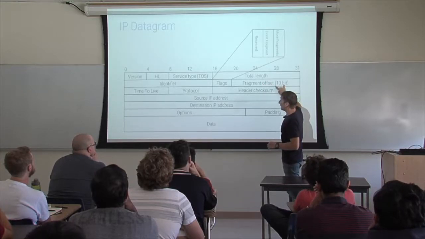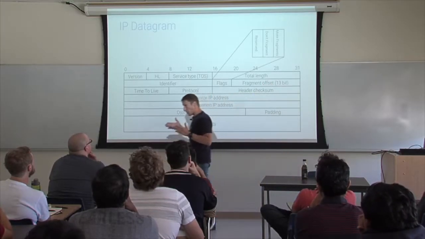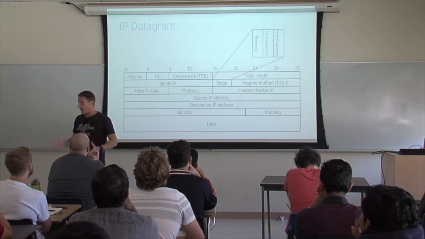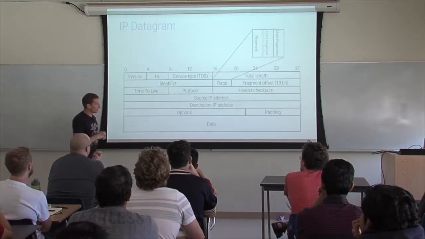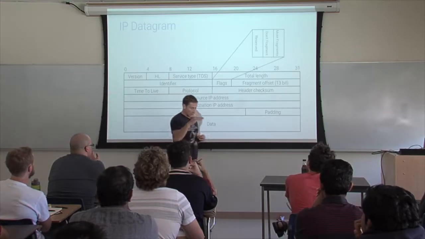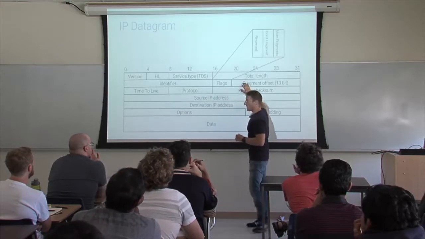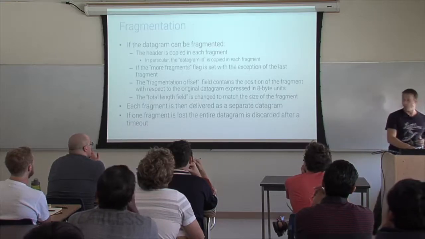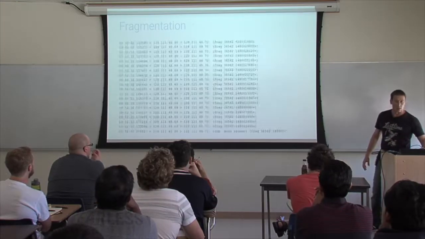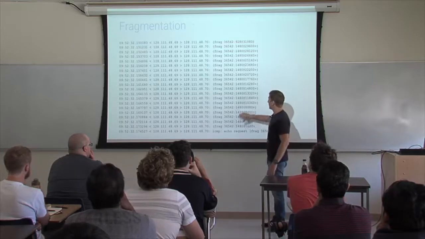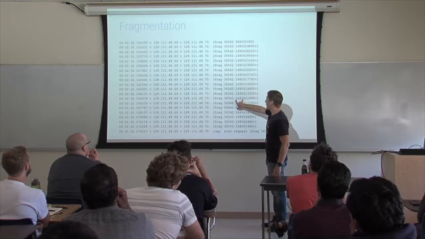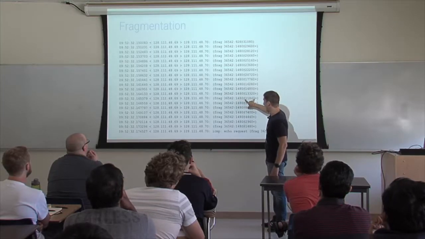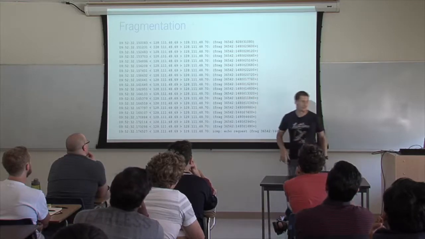This tells you in 8-byte chunks, because it's only 13 bits, so you can only specify offsets in 8-byte steps. It tells you where this fragment actually goes. All right? So you can see here in the trace that 1,480 bytes of data need to be put at this particular offset.